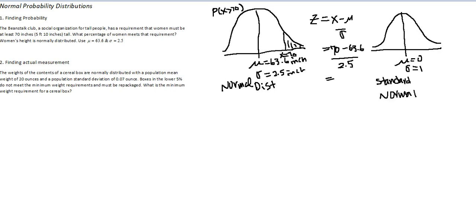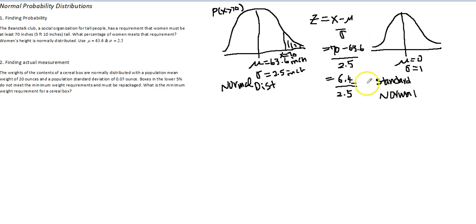So I'm going to take a look and see what we have here. You've got 70 minus 63.6, I have 6.4 on the top, and divided by 2.5. Okay, let's find out what we have.